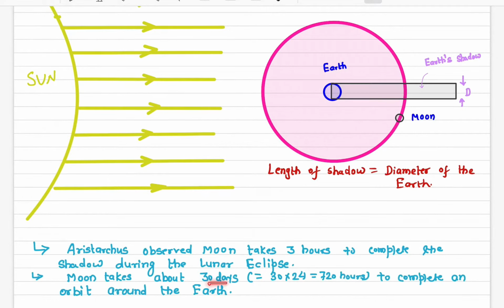That means the moon takes 720 hours to complete one orbit around the earth, and it takes 3 hours to cross the shadow. Now we will have a relationship here. If the moon completes one complete orbit around the earth, that is 360 degree. And if we know the time, and that time is 3 hours, from that observation we can calculate the angular width of this shadow.